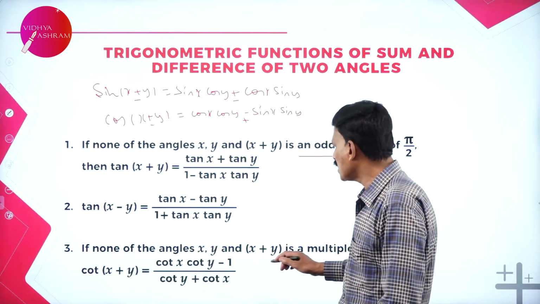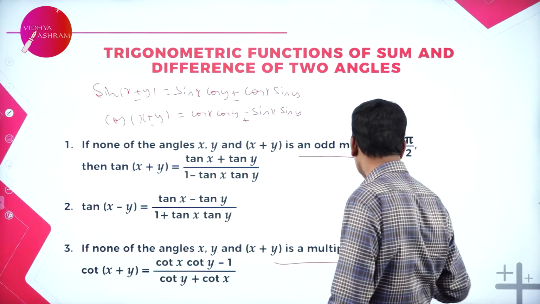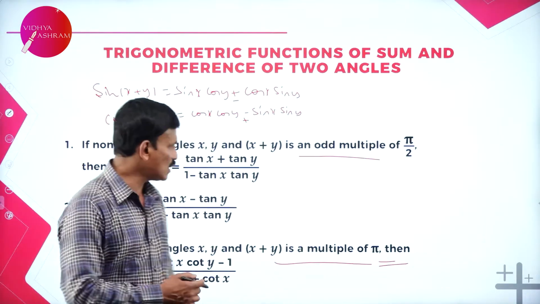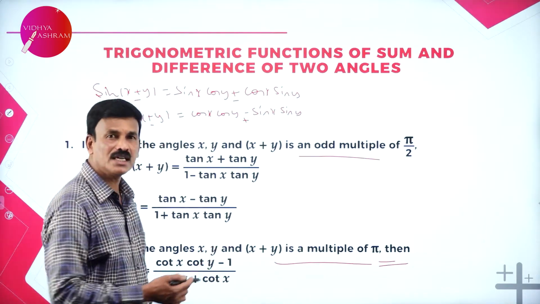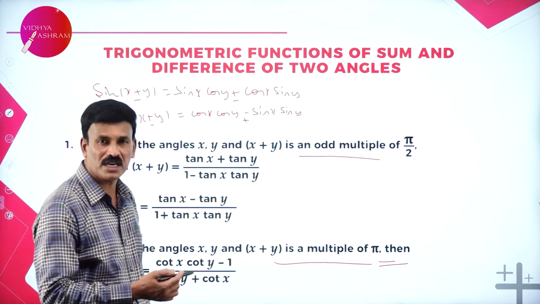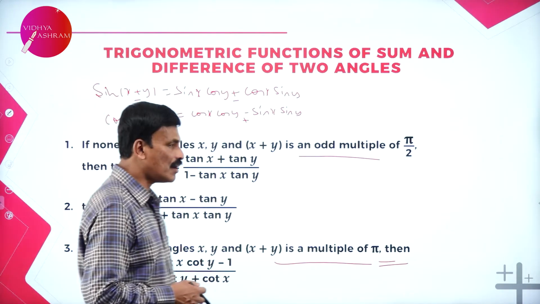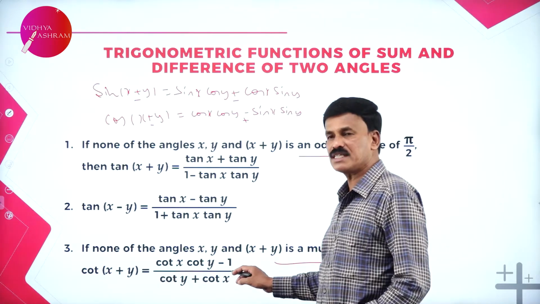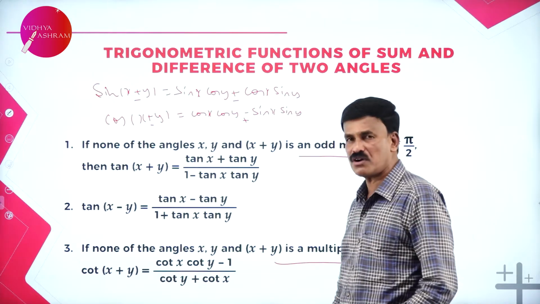And if none of the angles x, y and x plus y is a multiple of pi, that is 180 degrees, then cot of x plus y can also be written as cot x cot y minus 1 divided by cot y plus cot x.